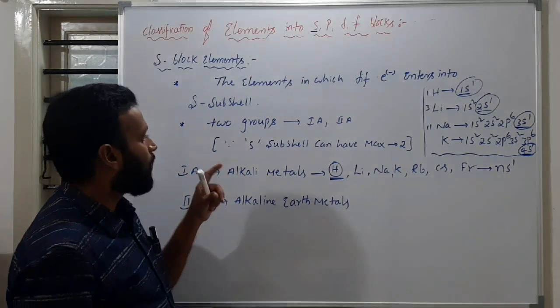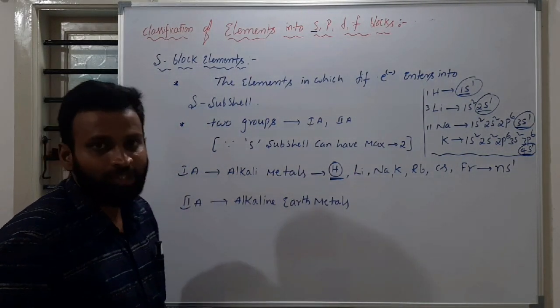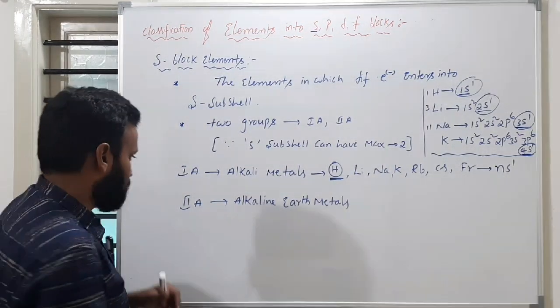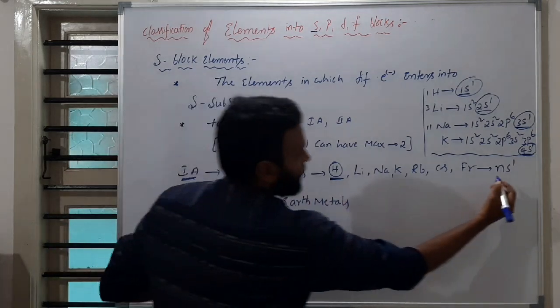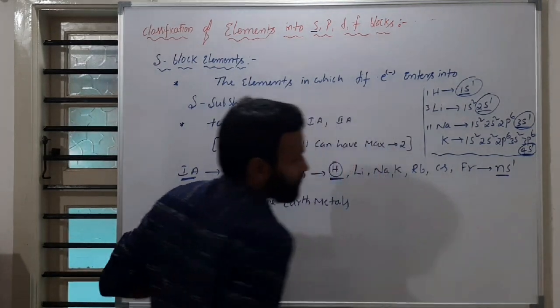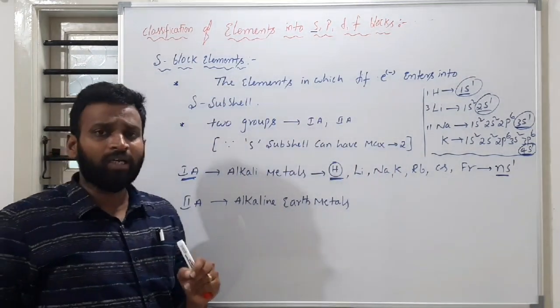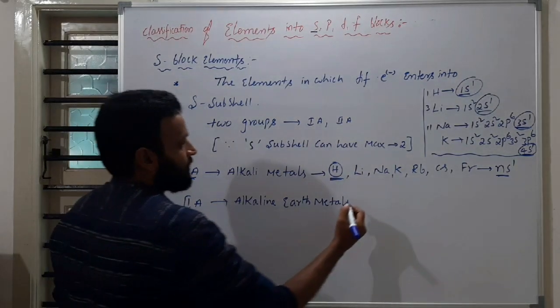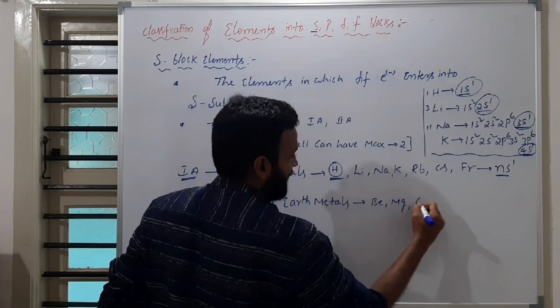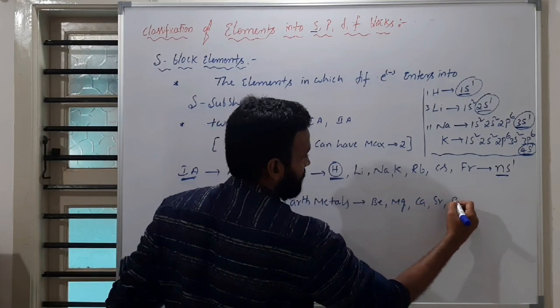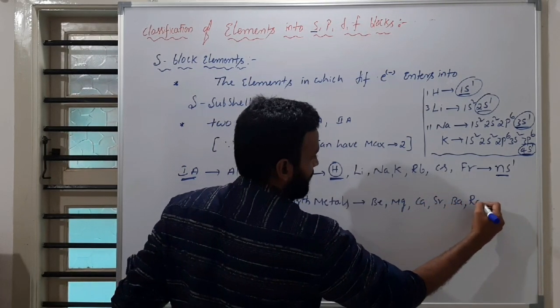Now I'll give you what the groups are and what the general electronic configurations are. The 1A group elements' configuration in general is ns1. What are the 2A group elements? Beryllium, magnesium, calcium, strontium, barium and radium.